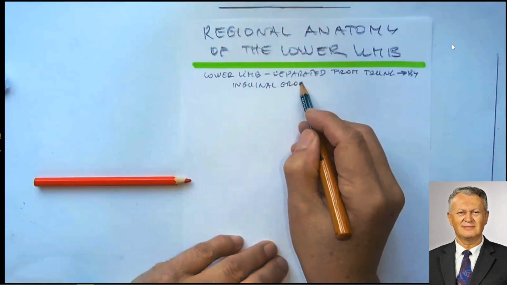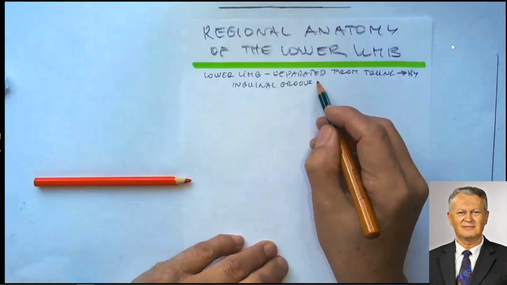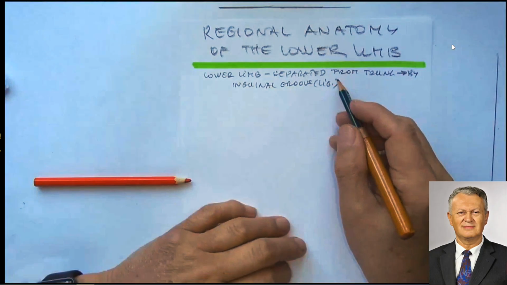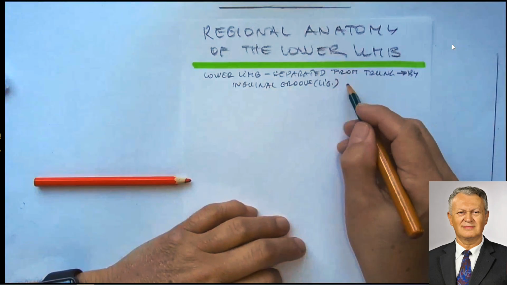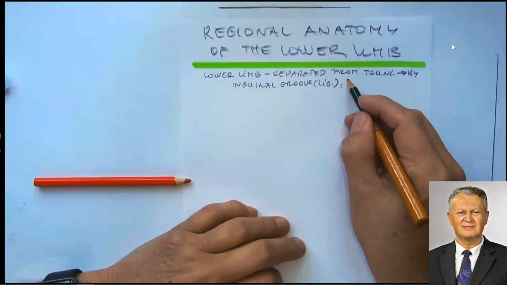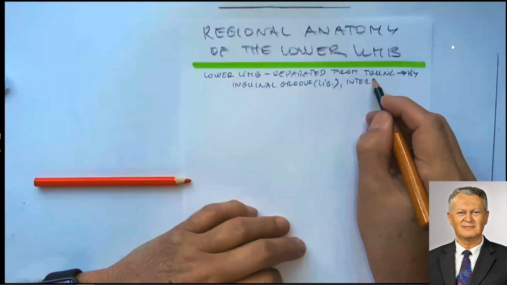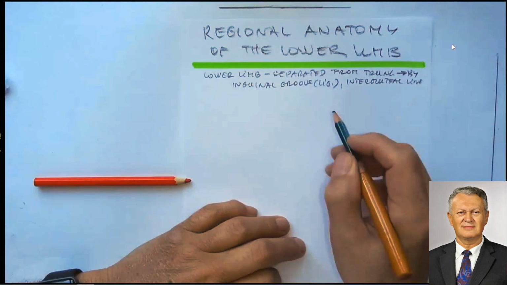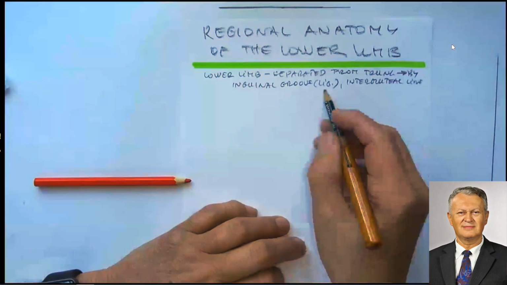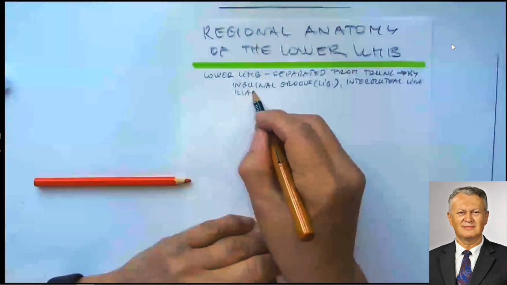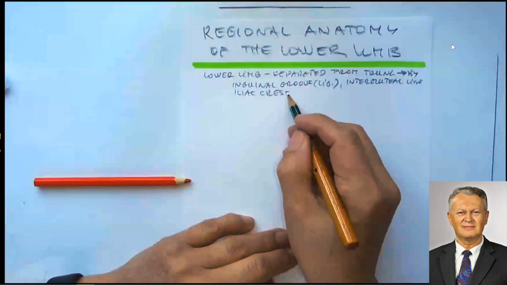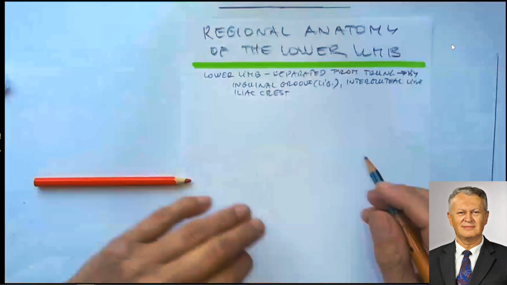In fact, groove means ligament, anteriorly, and we call it intergluteal line medially, and iliac crest. No, in fact, posterolaterally. This is sufficient.